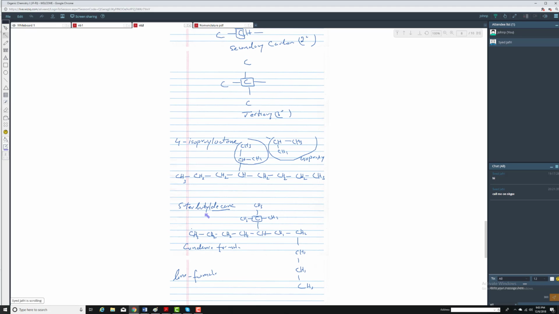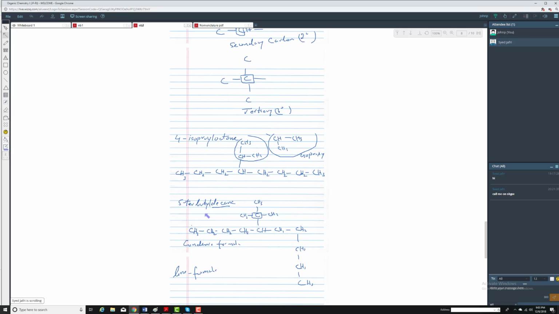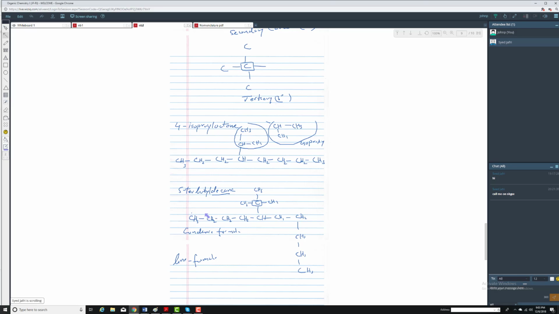This carbon has 1, 2 bonds, so CH2. This carbon 1, 2, CH2. This carbon 1, 2, CH2. And then this one here has got 1 bond, so it's got CH3, and it should be complete.